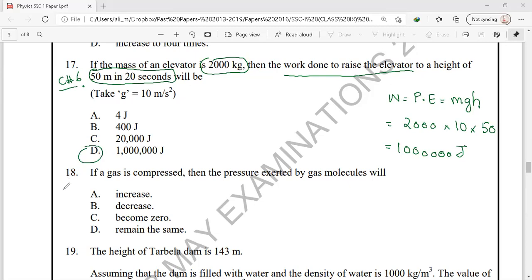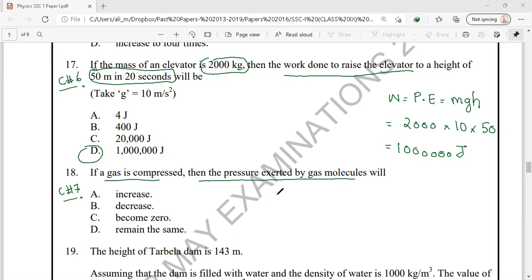Next, we have question number 18, and this question is from chapter number 7, Physical Properties of Matter. In this question, if a gas is compressed, then what will be the effect on the pressure of the gas molecules?